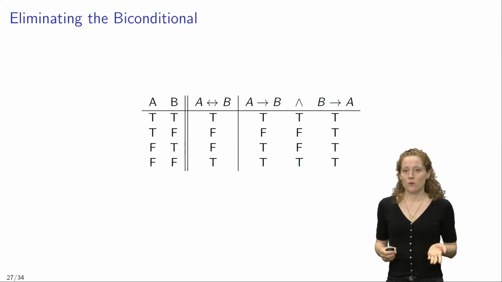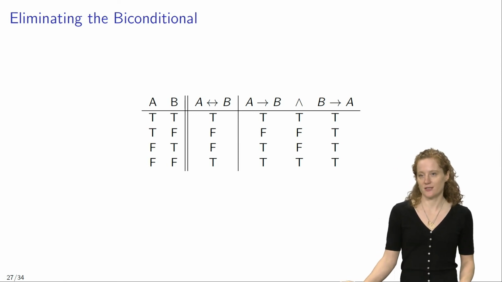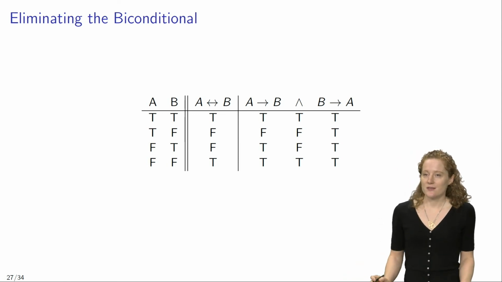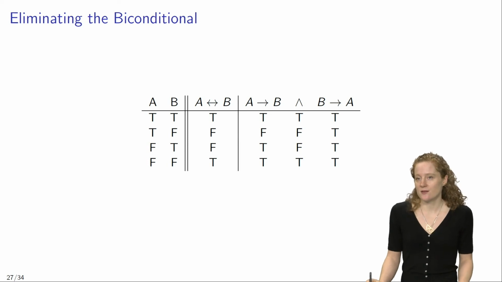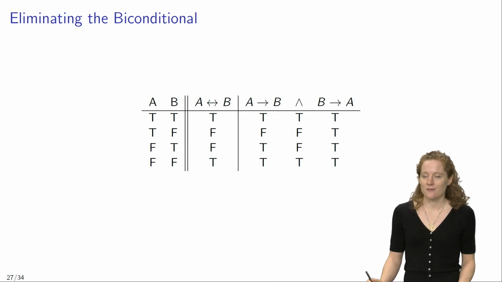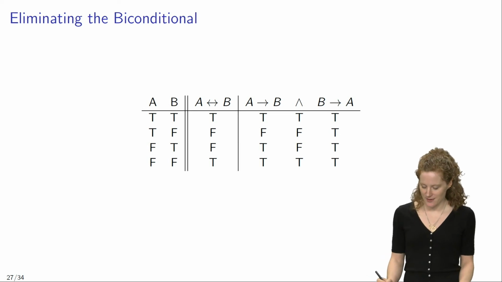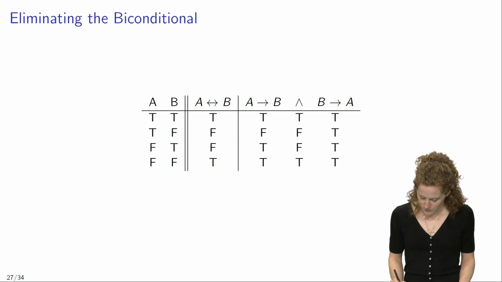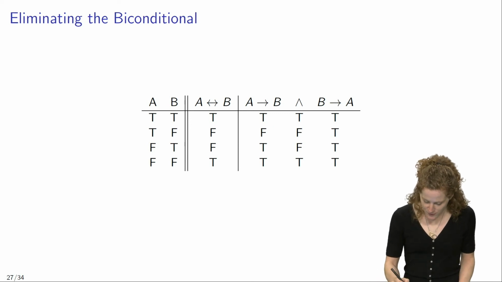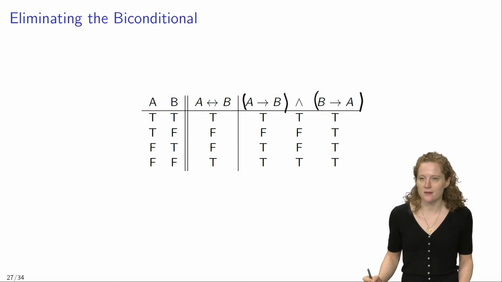Let's see why and how we could in principle eliminate the biconditional. Here you see the joint truth table for the 2 sentences A if and only if B, and the sentence if A then B and if B then A. To be fully precise, we should put brackets around these 2 sentences.